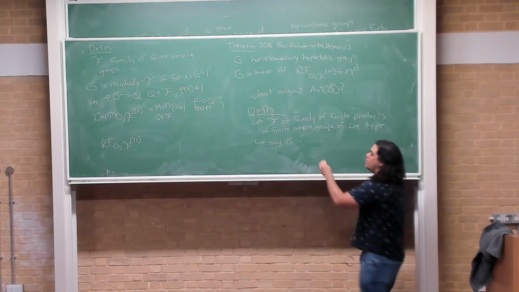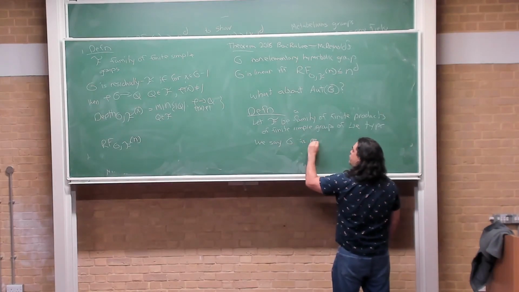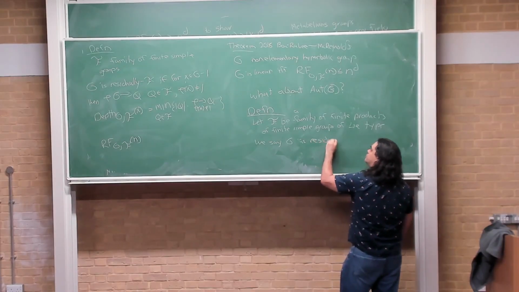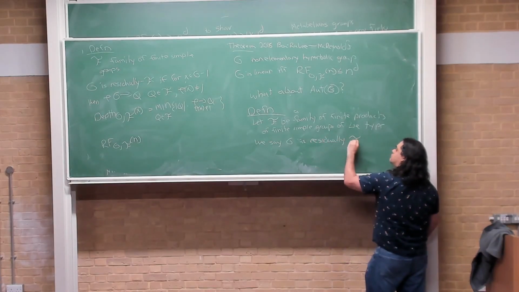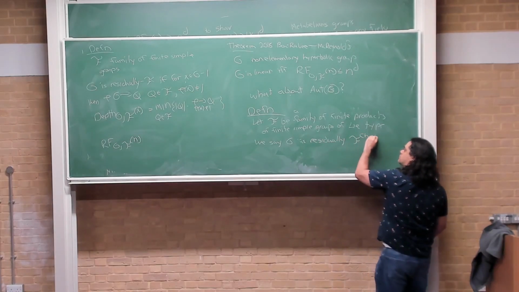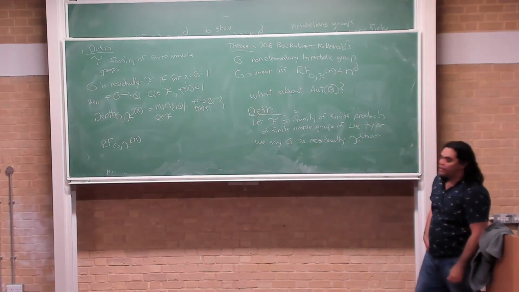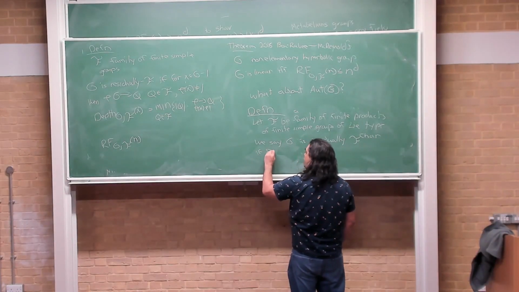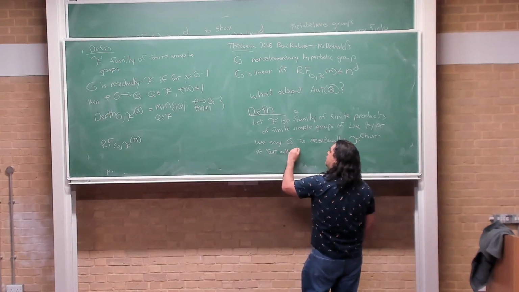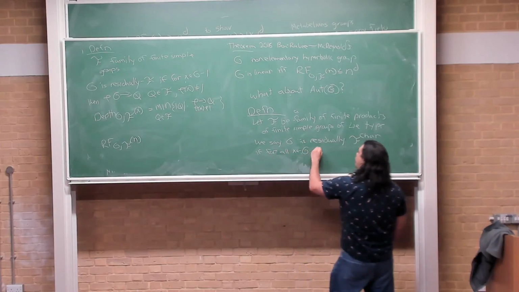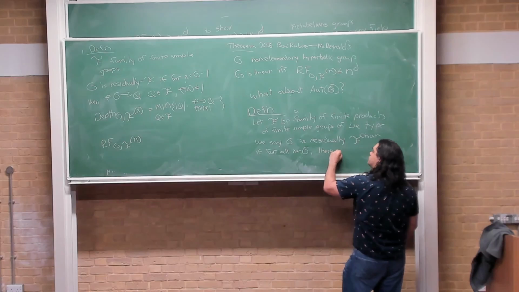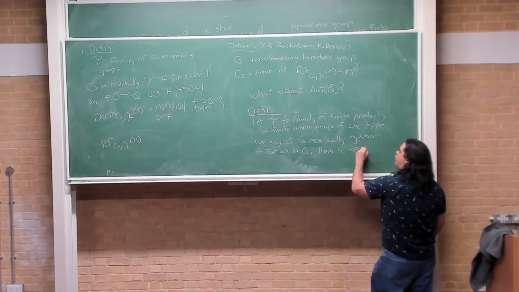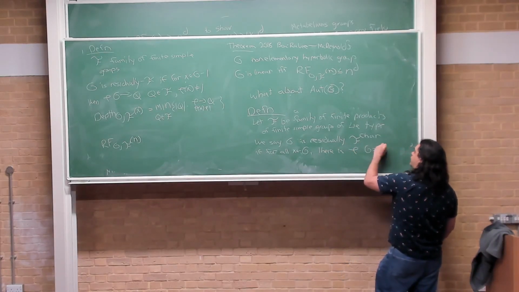You say G is residually F if, as one would expect, for all x in G non-trivial, there's a morphism phi, and now we are going to assume it is surjective.